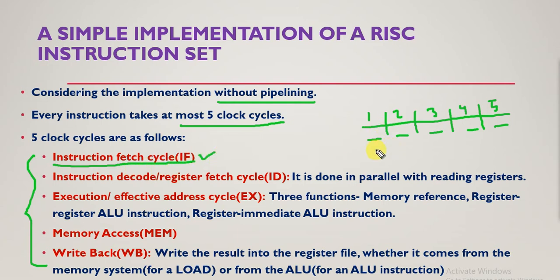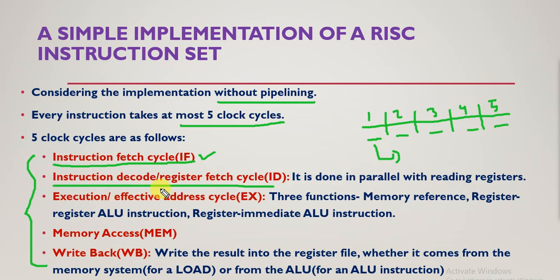Then after fetching the instruction, it will go to the next stage. In the second stage, what happens is instruction decode, done together with register fetch. It is done in parallel with reading the register.